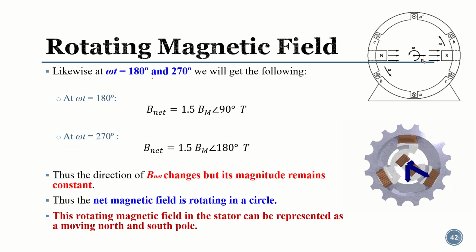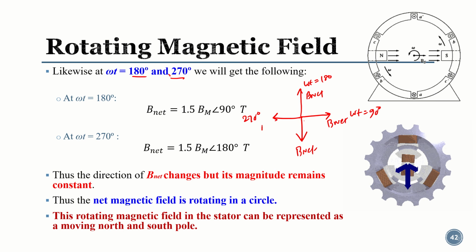If we move forward to 180 degree and 270 degree, what will happen? At 0 degree, this was your net magnetic field. At omega t equal to 90 degree, this was your net magnetic field. At omega t equal to 180 degree, this is your net magnetic field. At omega t equal to 270 degree, this will be your net magnetic field, which you can analyze from the angles.